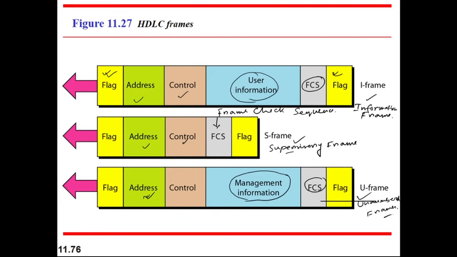Okay, so now you have to know the details of each and every field. What is the responsibility of the flag field? The flag field of an HDLC frame is an 8-bit sequence, and the bit pattern we already studied is a 0, then six 1s, and after that a 0.